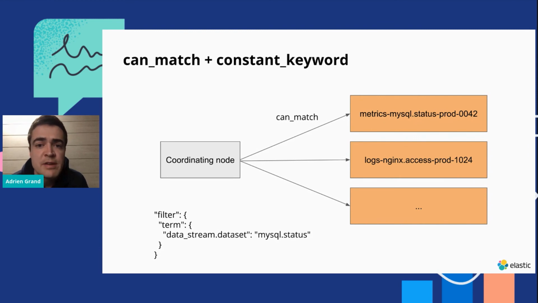And when it goes to the mysql.status dataset, the answer is yes, indeed, there might be a match because that's the value I'm looking for. But when you go to the nginx logs, there's no possibility to have a match because that constant keyword field that needs to be the same across the entire index doesn't have the expected value. It has nginx.access as a dataset rather than mysql.status. Next slide, please.